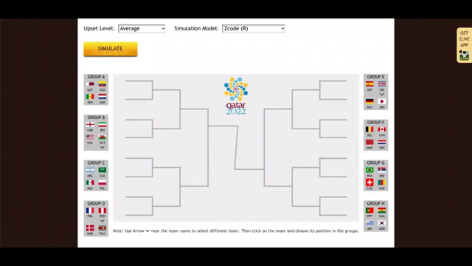If you believe that Qatar was put into one of the easier groups, then I wouldn't say you were wrong, as they will play with Ecuador, Netherlands, and Senegal. I'd say watch out for that Netherlands team. I think that's a very good team. A very exciting group: England, USA, Iran, and Wales. What an exciting group that's going to be. And then, of course, we've got Argentina, Saudi Arabia, Mexico, and Poland.